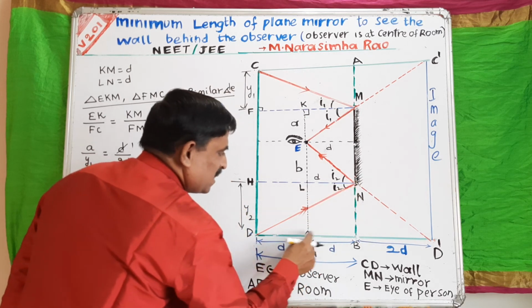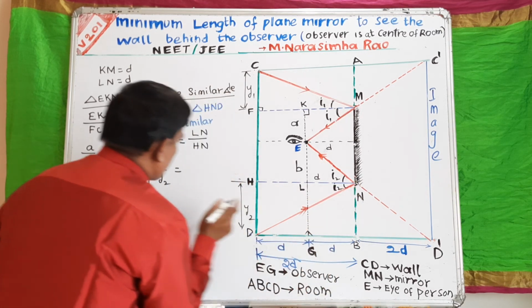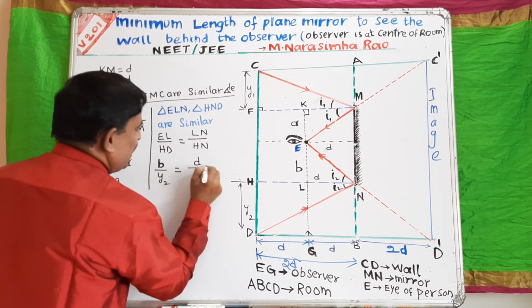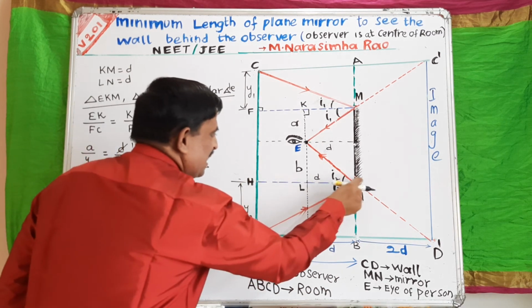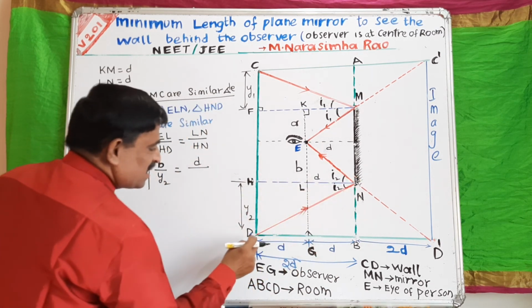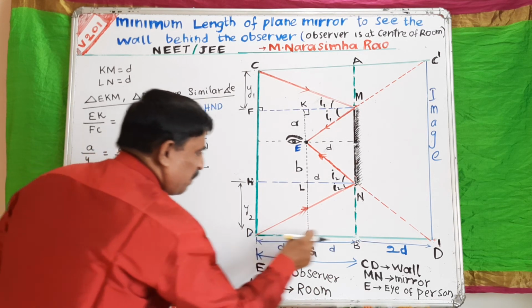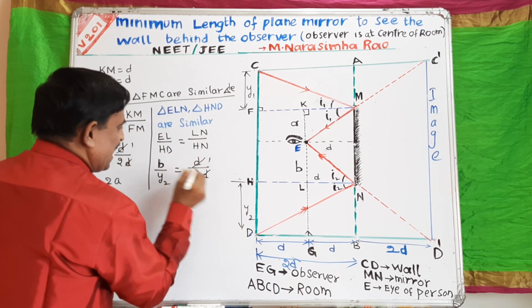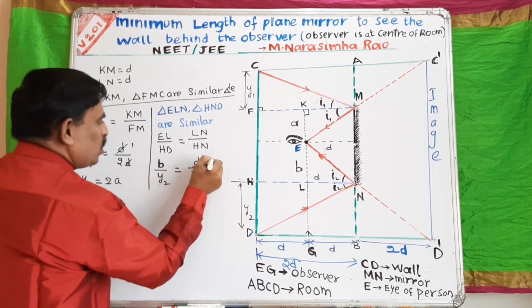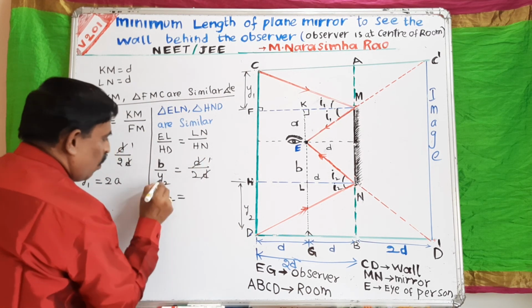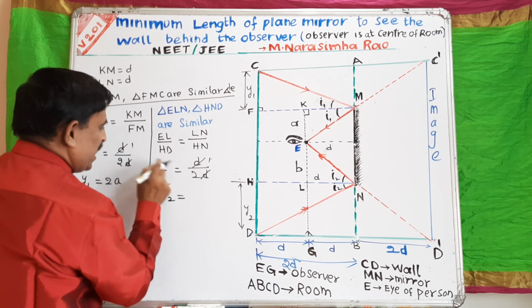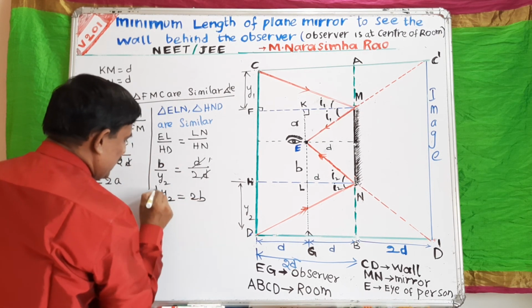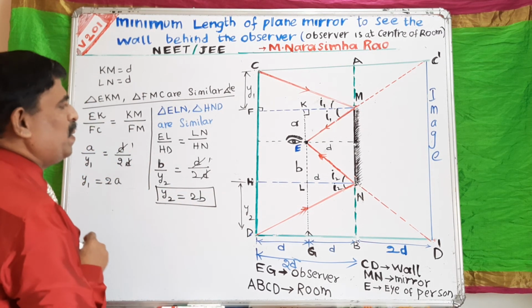HN distance means DB distance, which is 2d. d gets cancelled. Y2 into 1, Y2, equals 2 into b, 2b. So Y2 is equal to 2b.